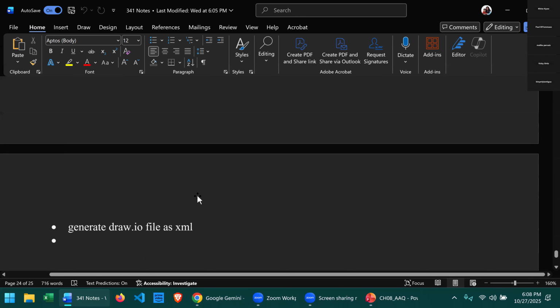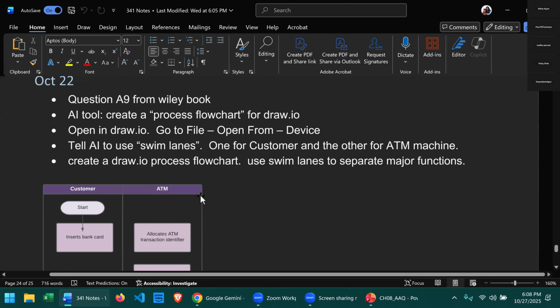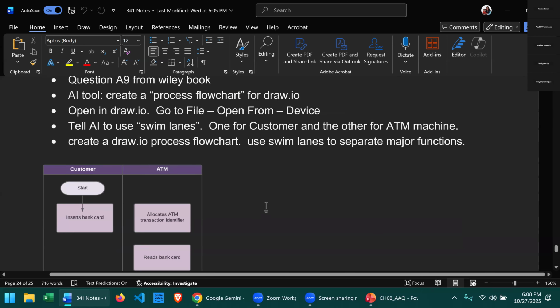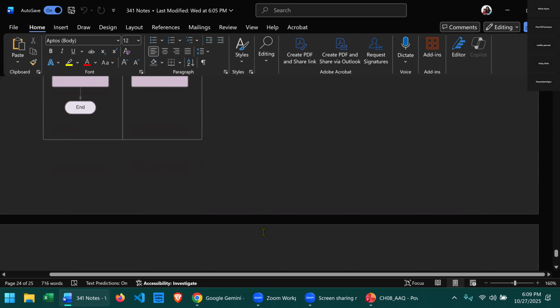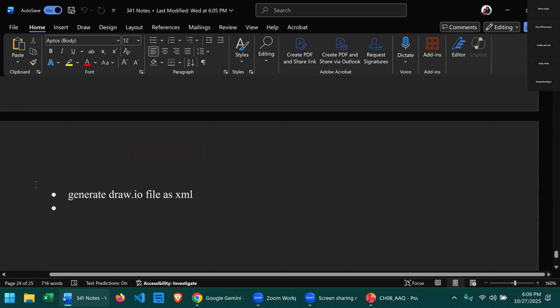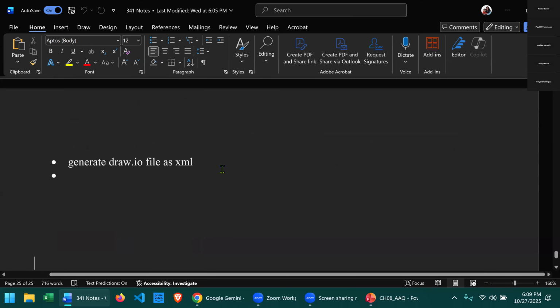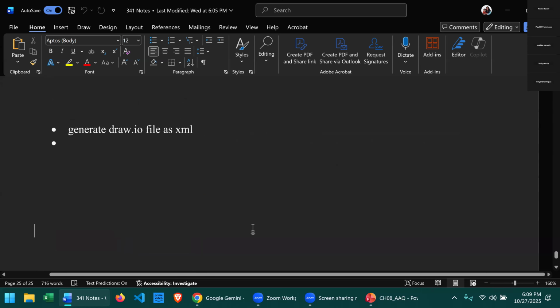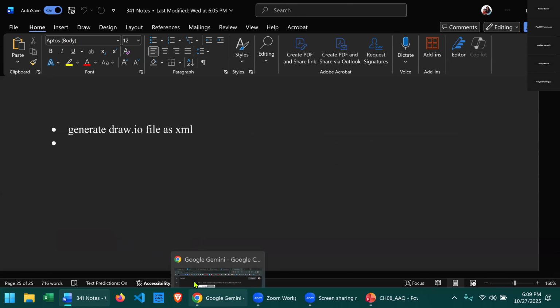So whatever your description is going to be, you tell it whatever you want it to chart, and then towards the end specify that you want it to generate a draw.io file as XML. Not always, it can make a mistake, but most of the time it will generate it for you. And you may have to do some minor editing.